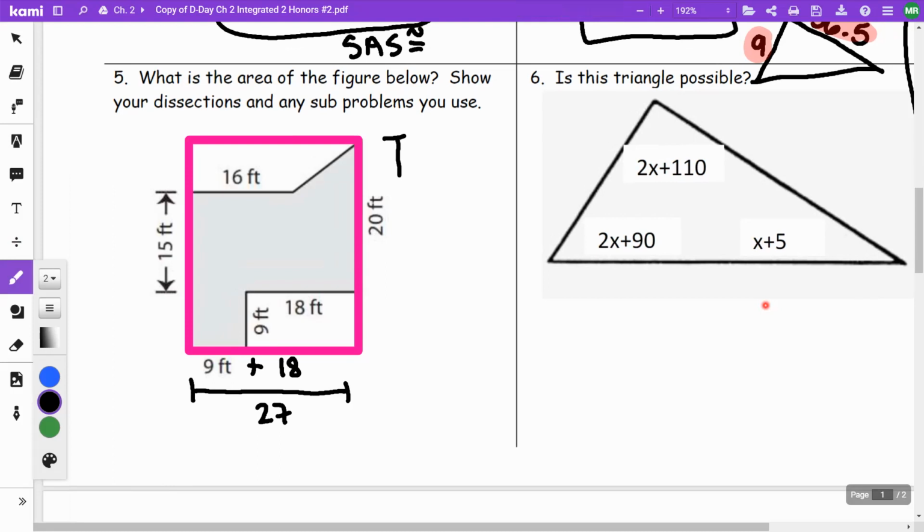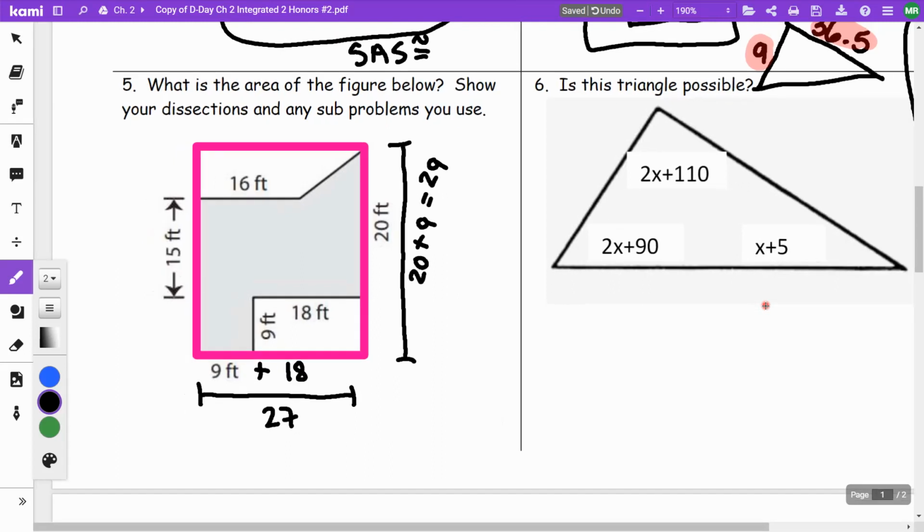And then this whole entire thing is going to be a 20 plus a 9, which is 29. And then I'm going to work it out from there.